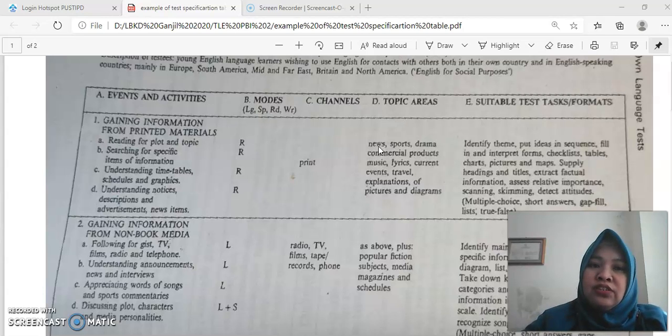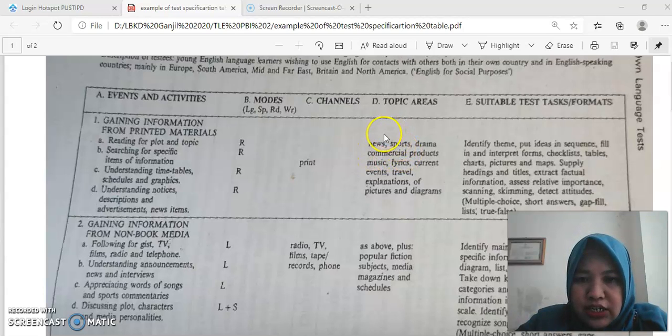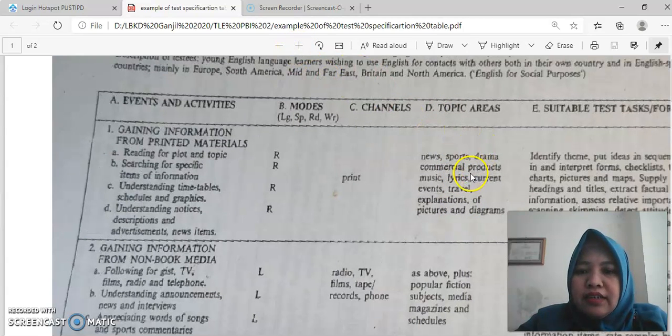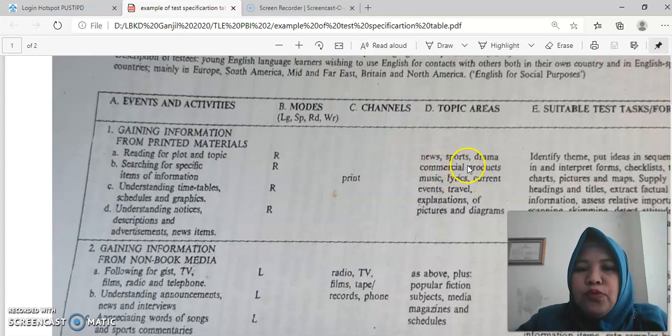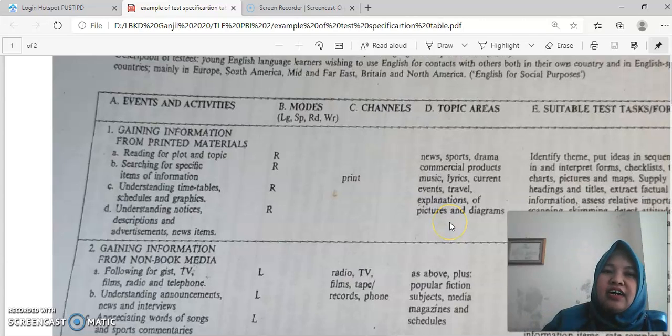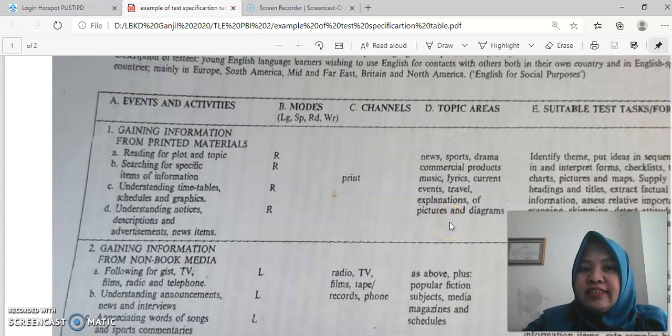Don't forget to cross-check the syllabus, because the topic area is already mandated in it. Here are examples of topic areas: news, sports, drama, commercial products, music, lyrics, current events, travel, explanations of pictures, and diagrams. These are the kinds of topic areas of the reading tests that you are going to give to your students.